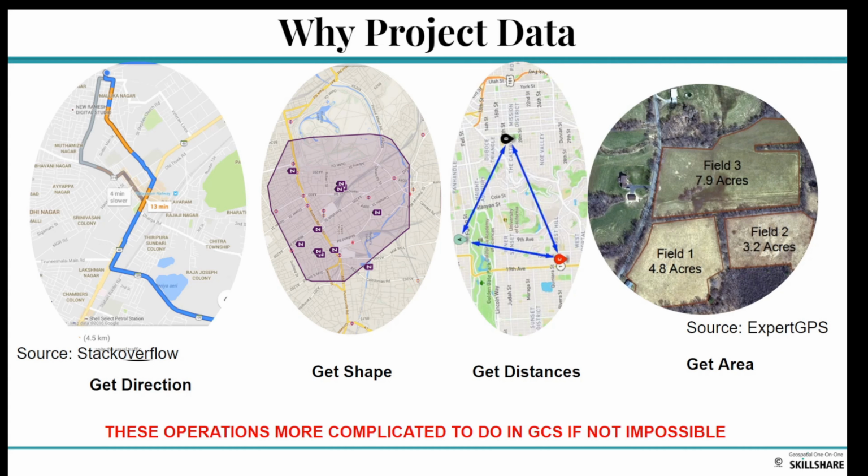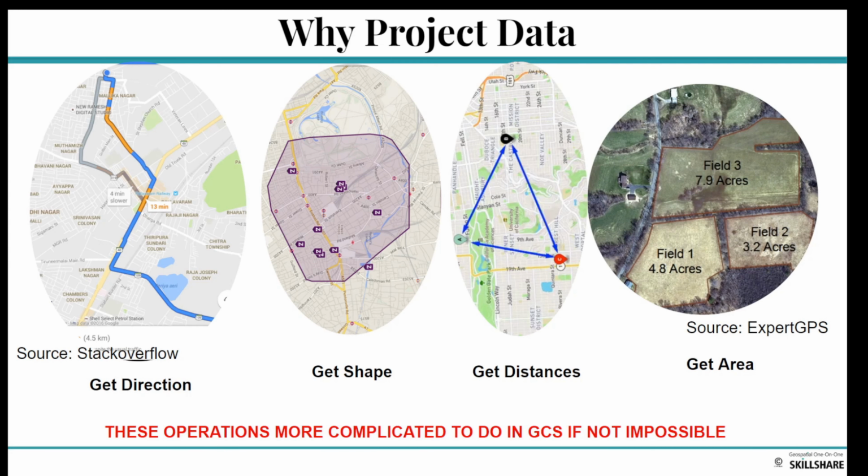And so if we had degrees, imagine measuring this distance and the value is in degrees. What does it mean to walk 1 degree or to walk 2 degrees? These operations are quite complicated to do. Some of them are not even possible at all, but it's complicated to do with geographic coordinate system or with degrees.